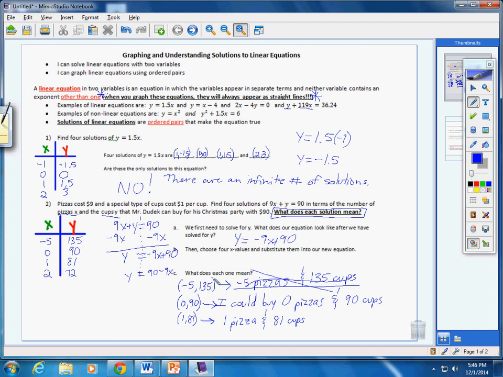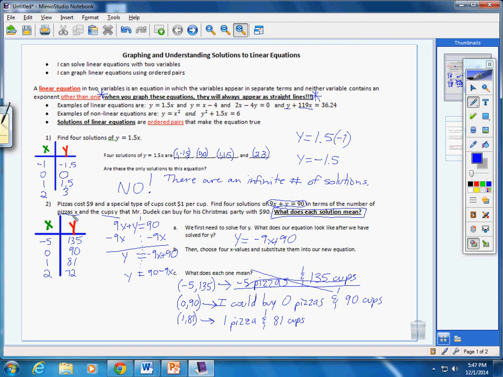Negative 5, 135 is a solution of my equation here. But sometimes when you get a solution in math class or in a real situation, it makes mathematical sense, but it does not make practical sense. So this is why it's so important to understand what our variables represent.